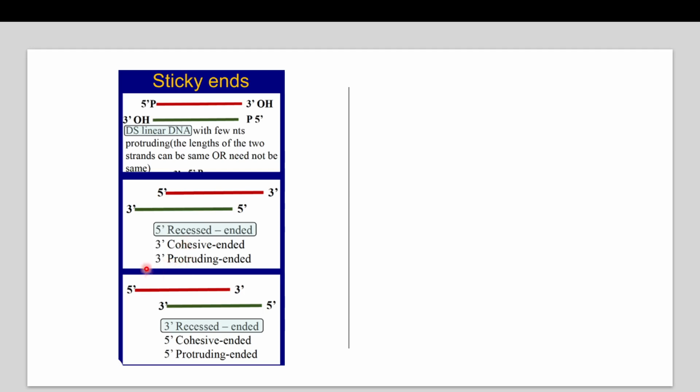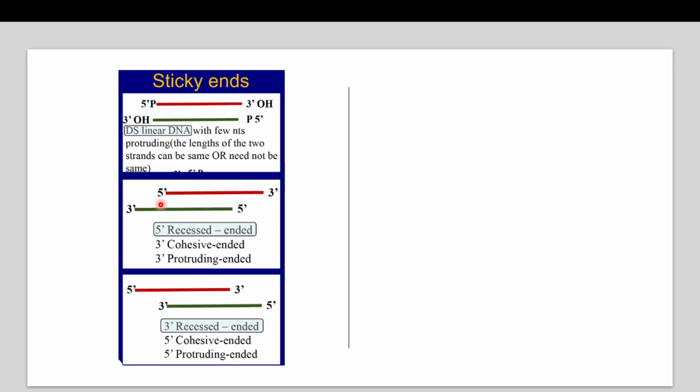Or it can also be called 3' protruding ended, because these 3' ends are actually protruding out of the double stranded DNA fragment. Or it can also be called 5' recessed ended. That means mainly the 5' end is shorter comparatively. This is a very generic way of saying.